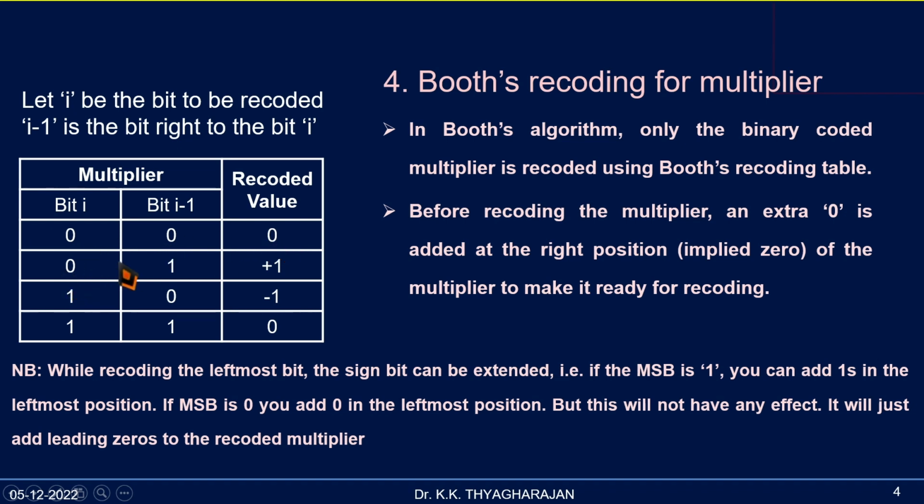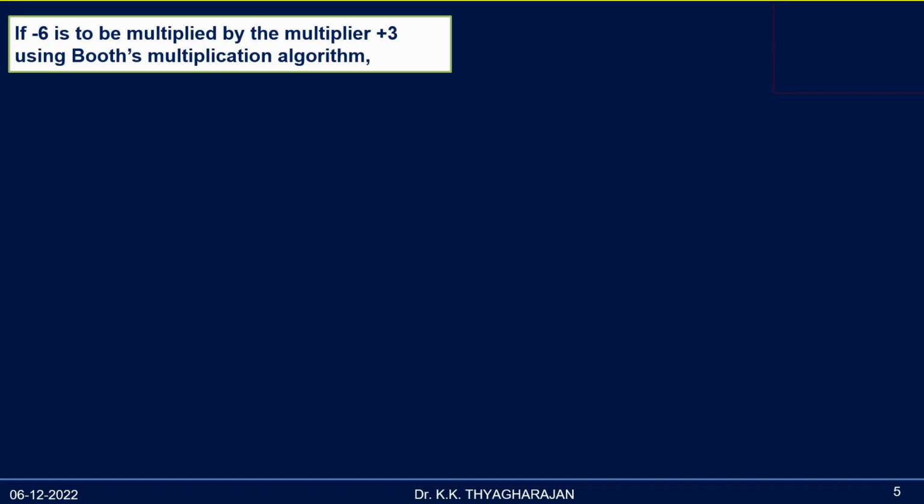If I is 0 and I minus 1 is 1, then bit I is recoded as plus 1. If I is 1 and I minus 1 is 0, then the bit 1 is recoded as minus 1. If I is 1 and I minus 1 is 1, then the bit I, that is 1, is recoded as 0.